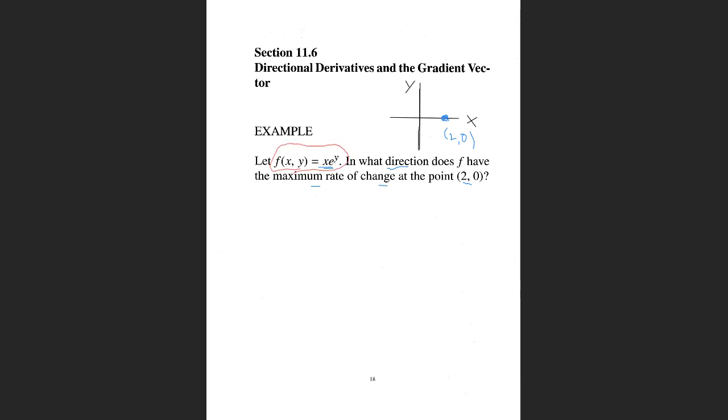Okay, and there are all kinds of directions that we could look in, right? How many possible directions are there coming out of the point 2, 0?